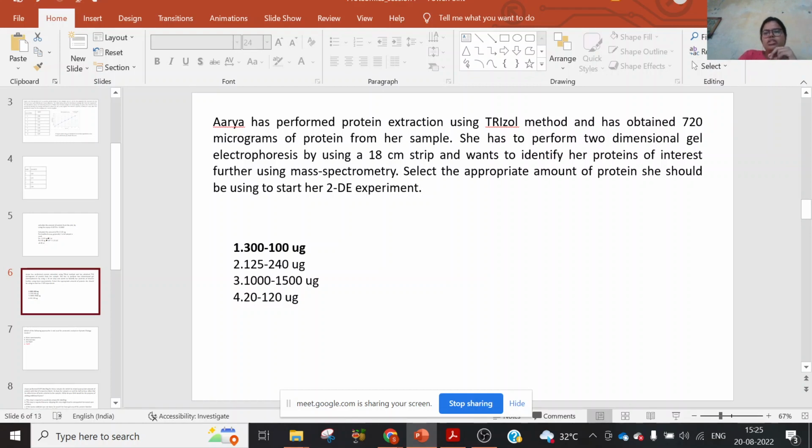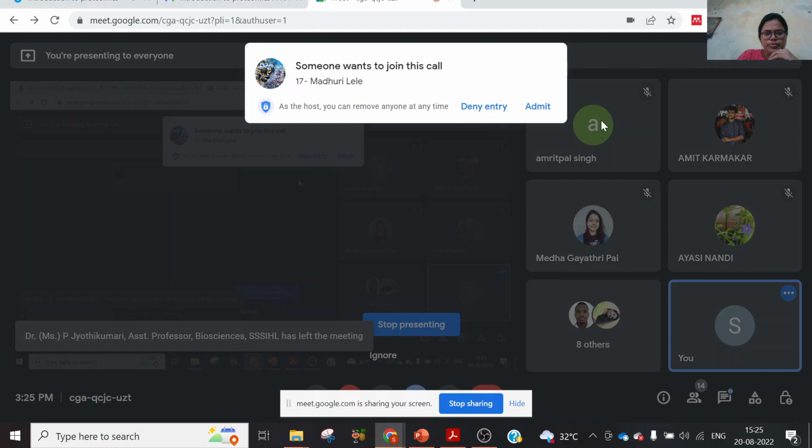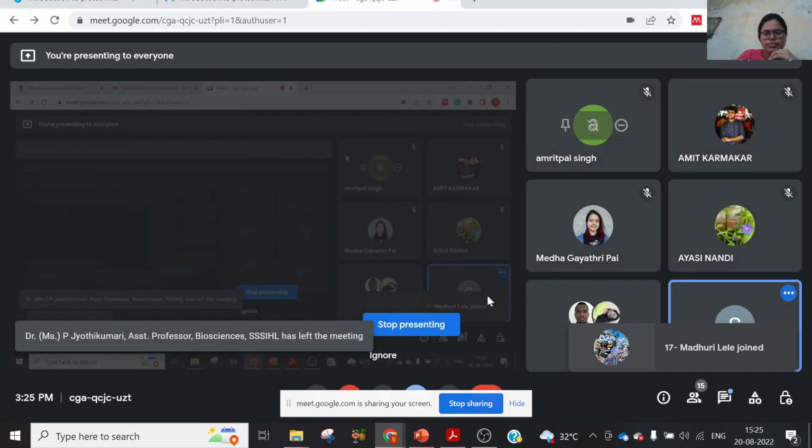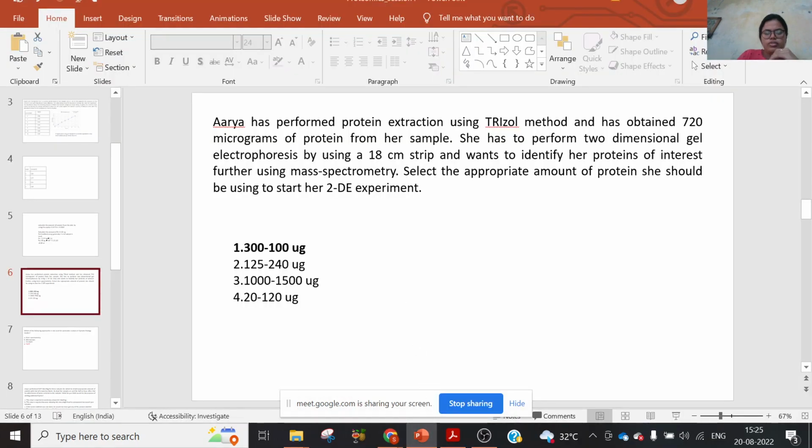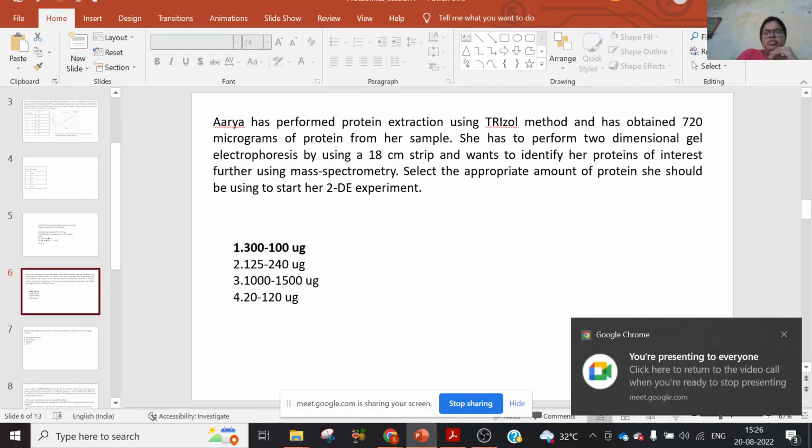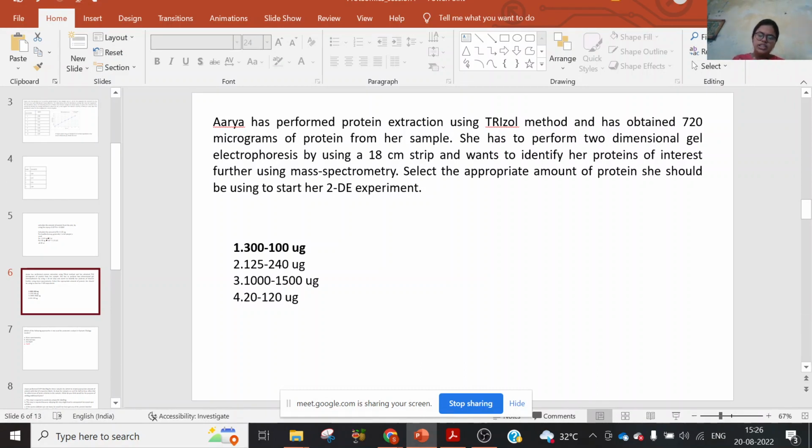So, this question is basically dependent upon what amount of protein is required whenever you are performing a 2DE experiment.